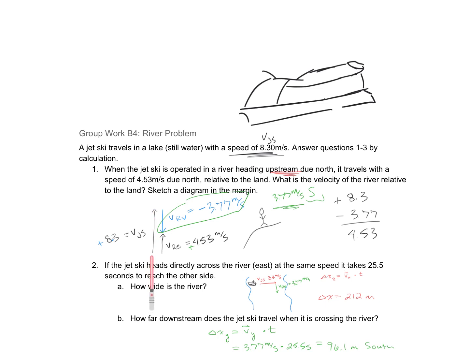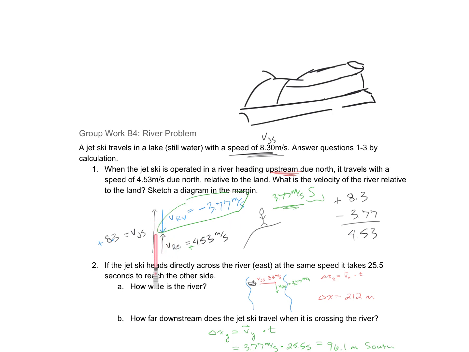Now, it tells you the resultant velocity from somebody who's watching from the side. So if a person is watching, the resultant vector is that the jet ski is only traveling 4.53 meters per second north. But that's because the jet ski is traveling with a speed of 8.3 meters per second, and the river is traveling with a speed that is directly opposite of the jet ski.